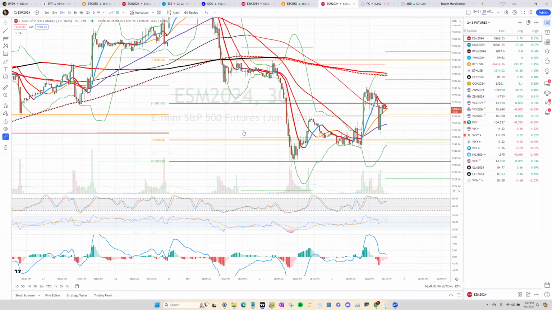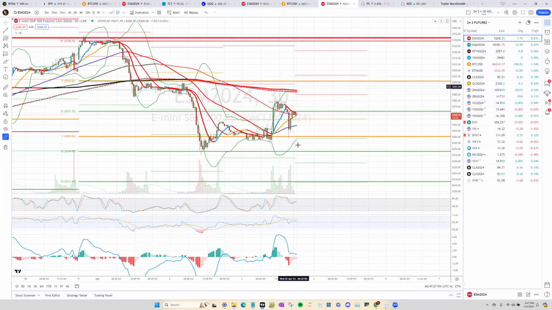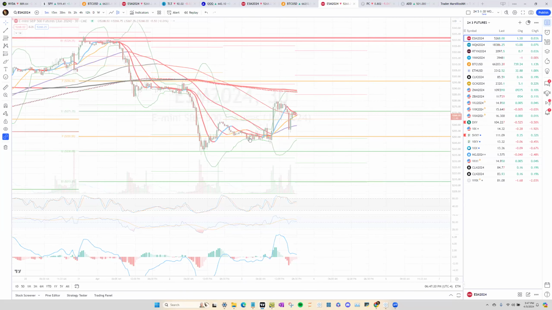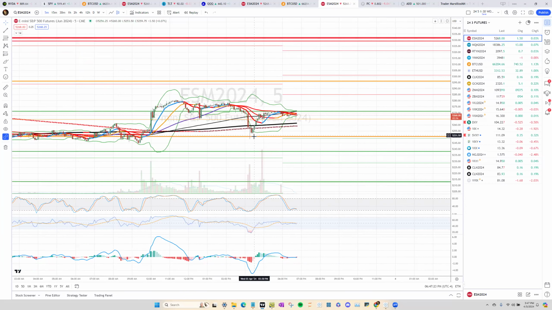Maybe for some people there are just too many lines, but because I'm fluent and know what they're about, I use them in different ways. Here was one of the pivots on the ES that held exactly. It's a 5-minute chart. I just see over and over again these pivots working pretty well on key turns.